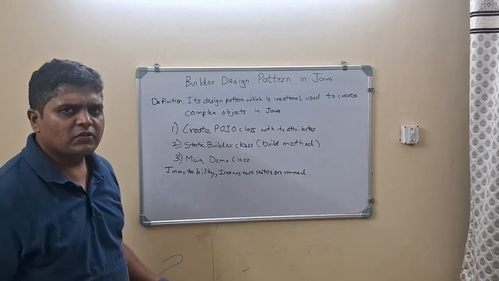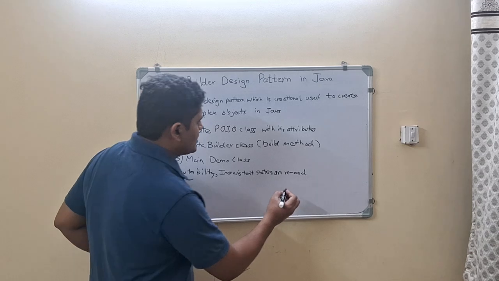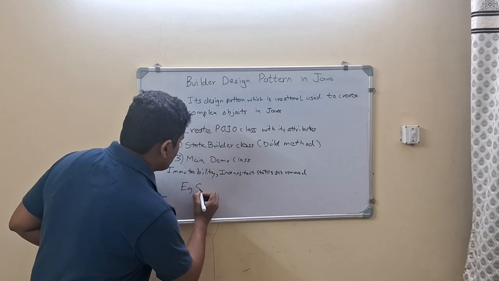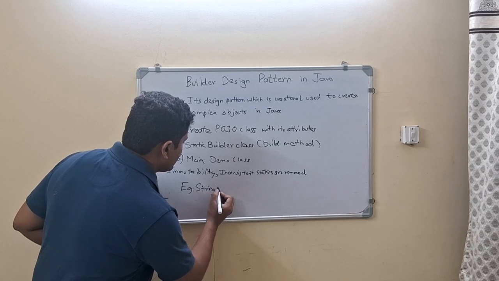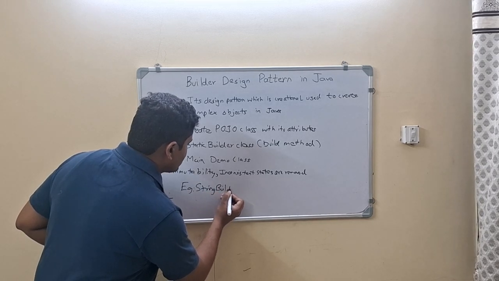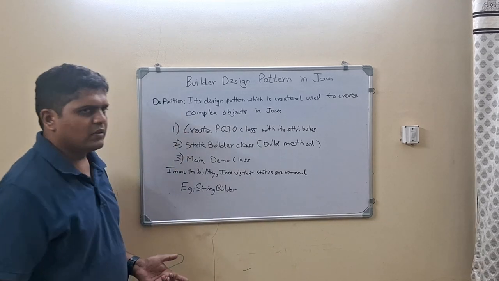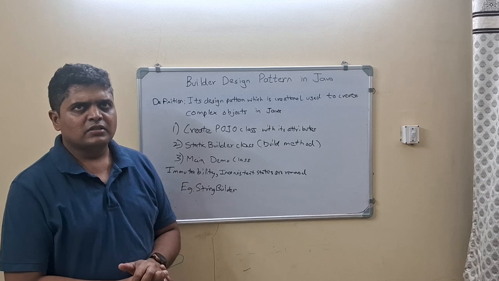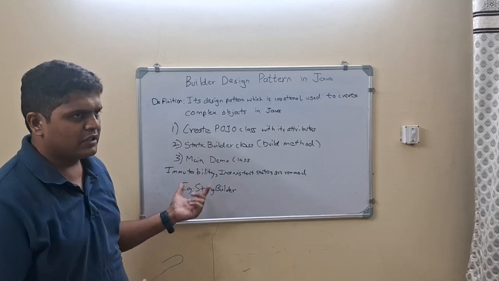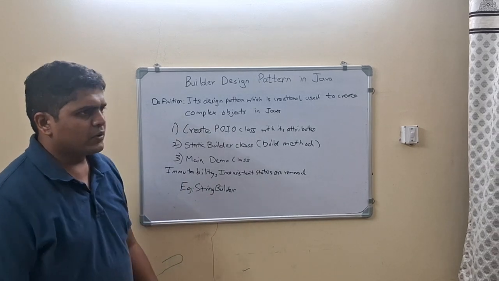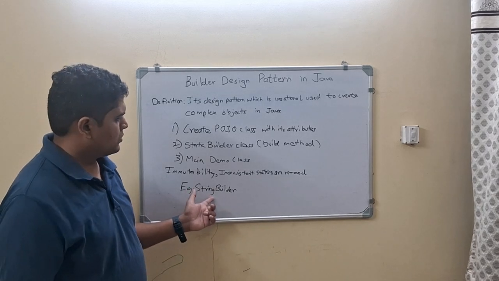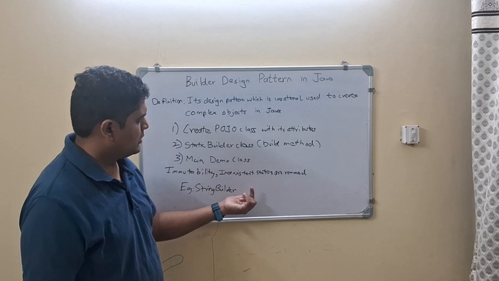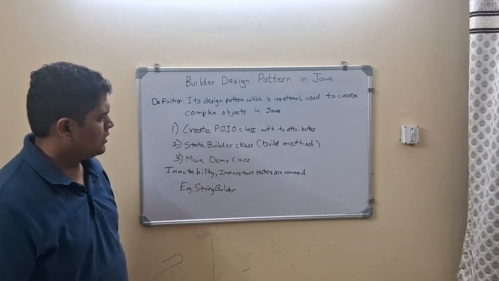Some examples of the builder design pattern: one is StringBuilder, as you might be aware in Java, it's an example of the builder pattern. It is non-synchronized, so when you are not concerned with threads, you can use StringBuilder, and it provides some methods with the string object to achieve the advantage of the builder design pattern.